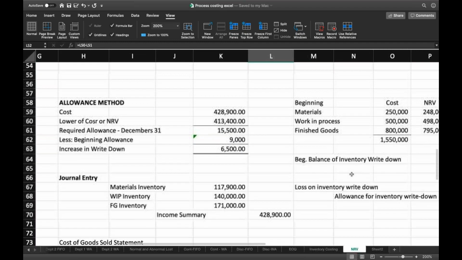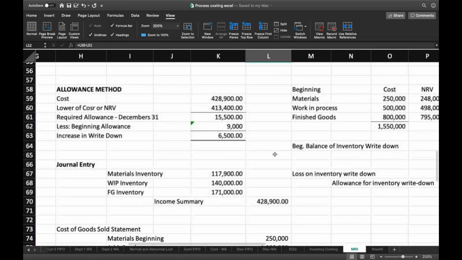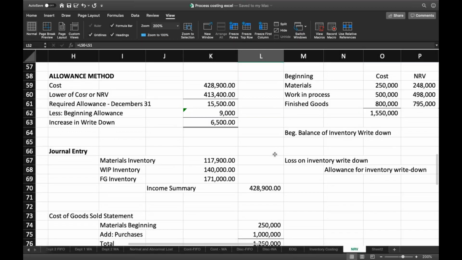Now, let's compare it to allowance method. Sa allowance method, the difference is just the recognition of an allowance for inventory write-down. And then yung entry natin for inventory, instead of lower of cost or NRV, we will still be using their original cost.